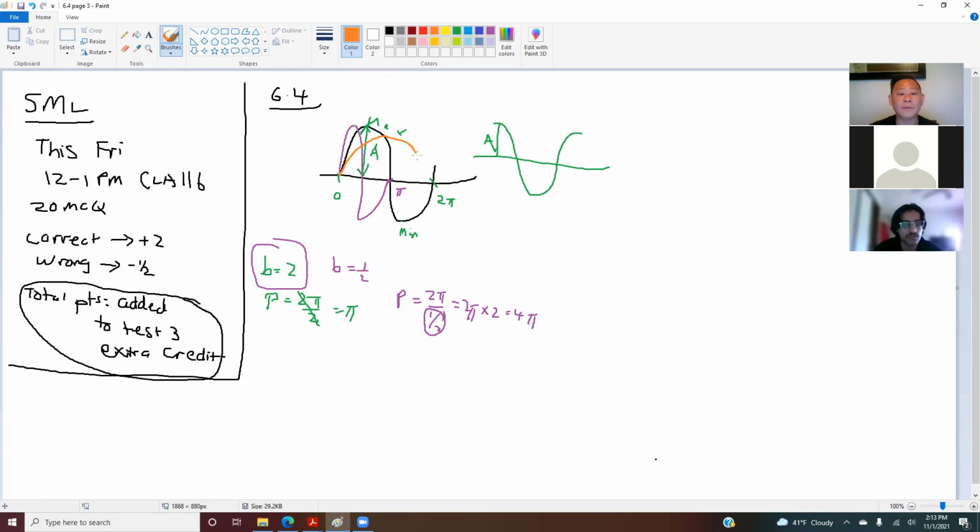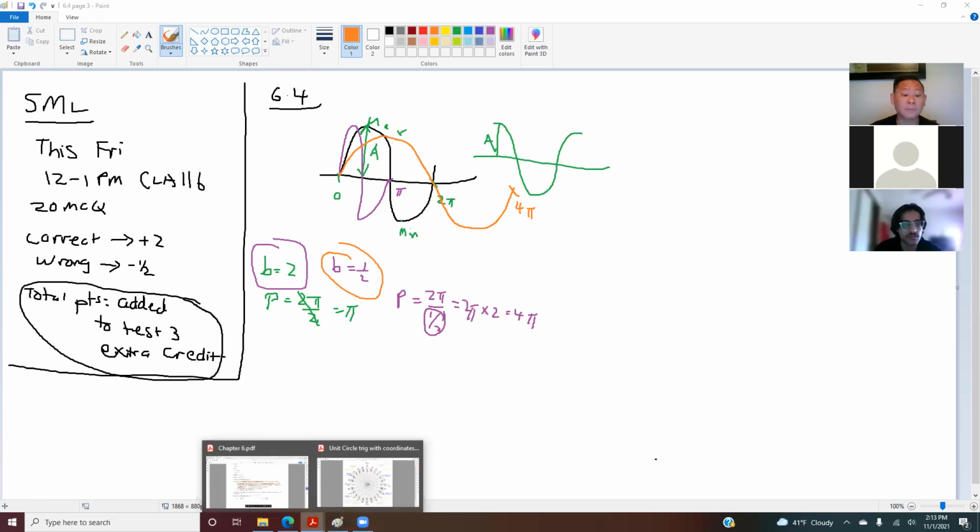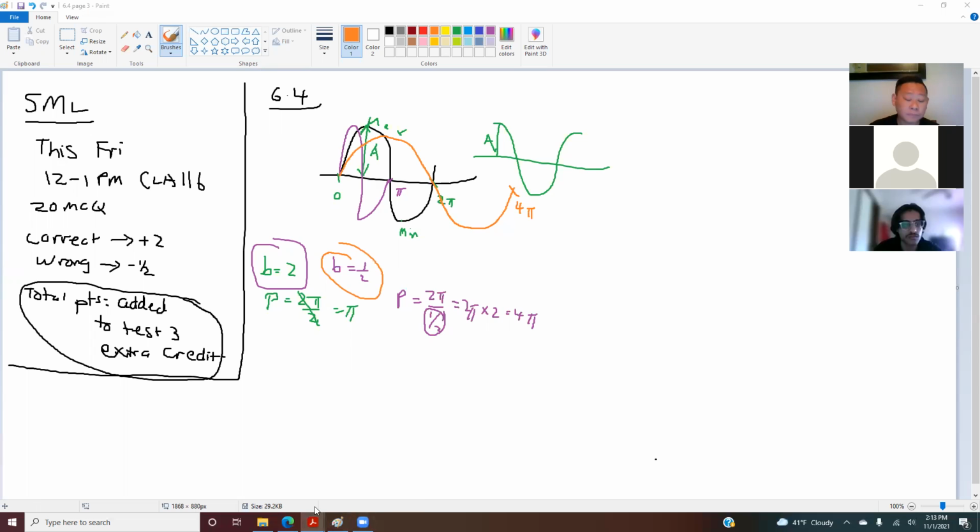Your sine wave is going to be horizontally stretched. Instead of 0 to 2 pi, it's going to be 0 to 4 pi, so it's kind of doubled. So this b that you see here is very important, and it determines how much horizontal stretch and shrink we have in this case.